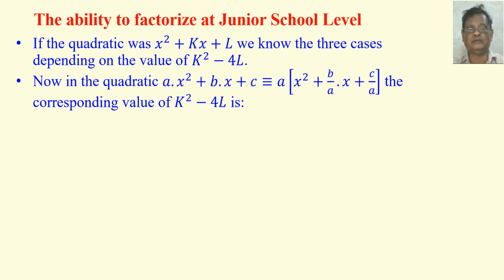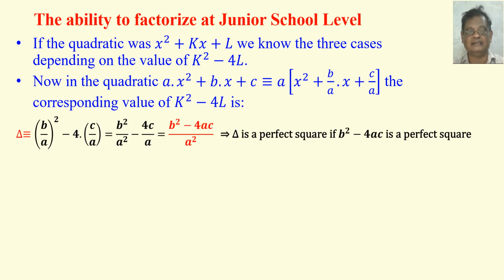Now, in the quadratic ax squared plus bx plus c, which is identically equal to a times x squared plus b over a into x plus c over a, the corresponding value of k squared minus 4l is delta, equal to b over a whole thing squared minus 4 times c over a. And upon calculation, we get the value b squared minus 4ac over a squared.